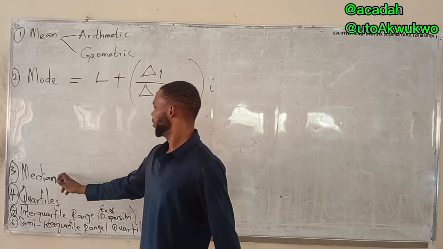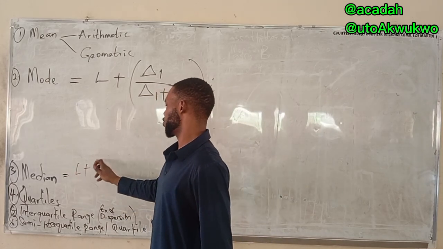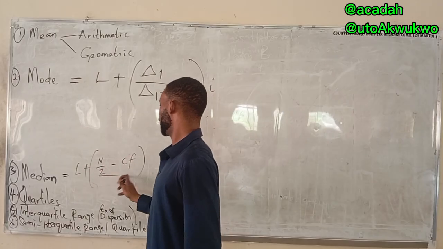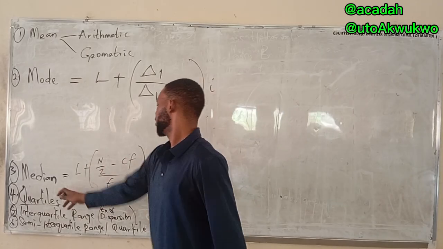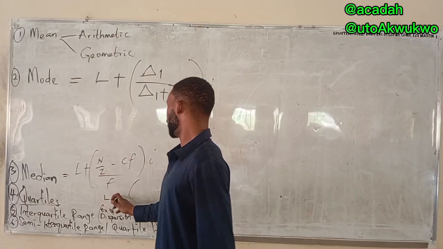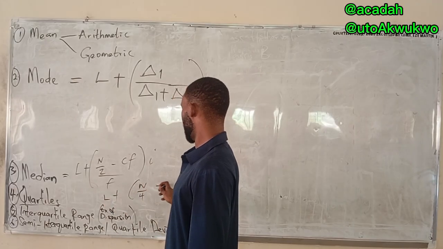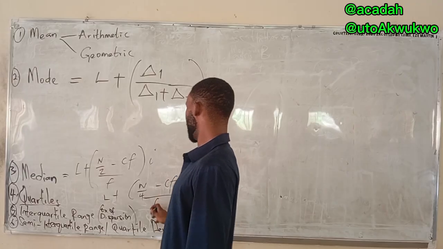So remember, this is L plus N over 2 minus CF over f times class interval. Now, this one is L plus N over 4 minus CF over f.